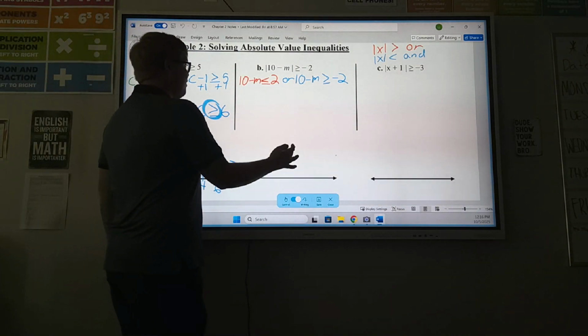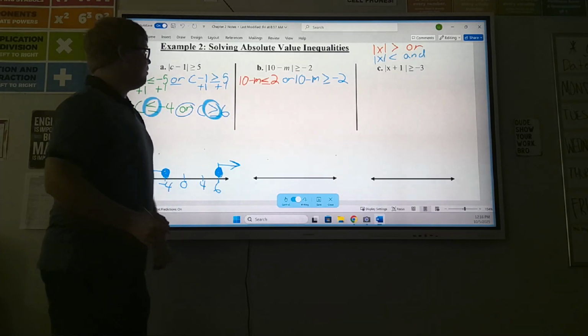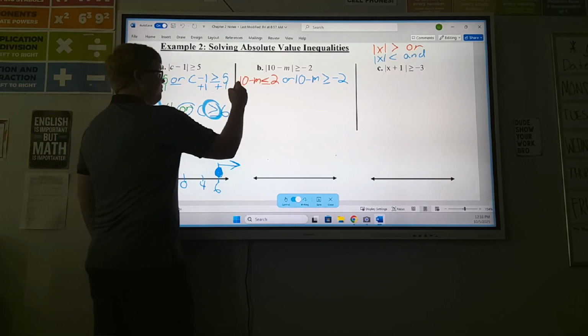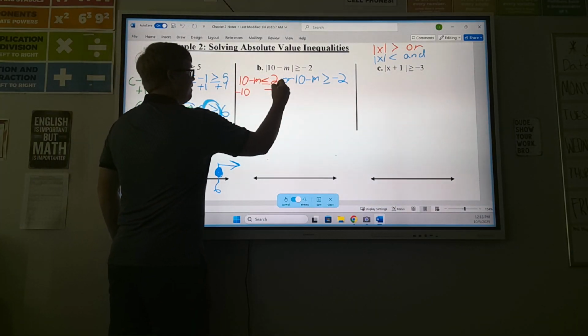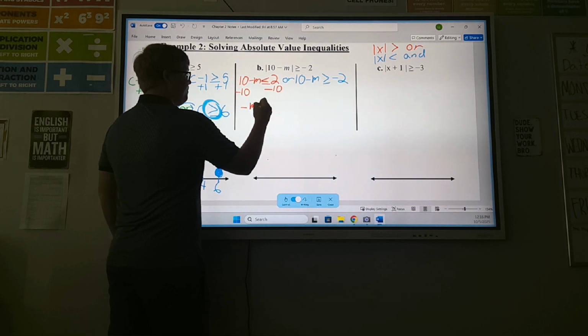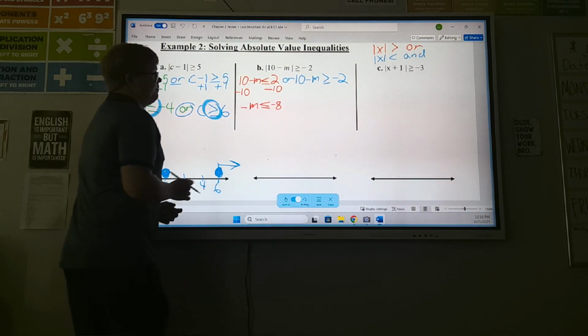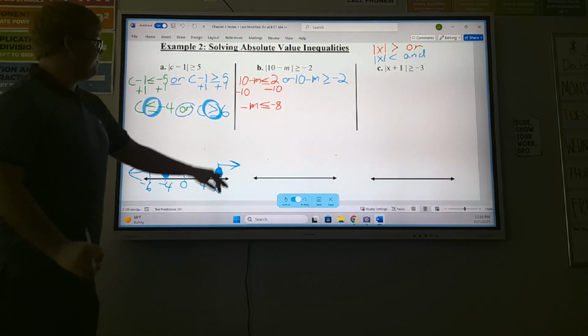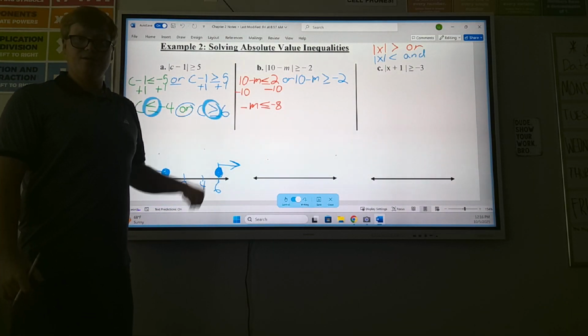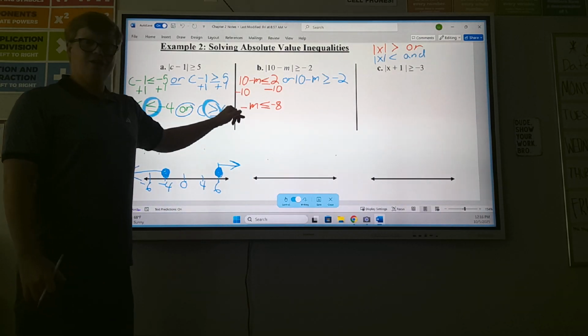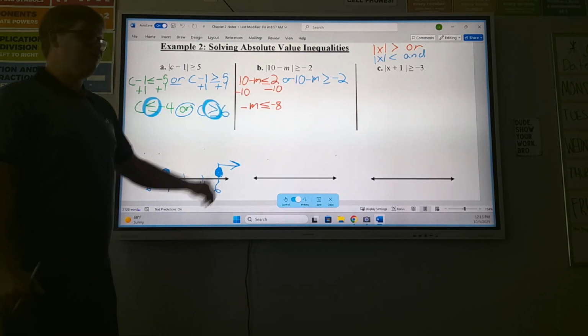So, this is an or. Let's solve the first one. We have to subtract our 10, which gives us a negative n. It's less than or equal to negative 8. Okay, we can never have a negative variable. In order to get rid of a negative on a variable, we have to divide by a negative 1.